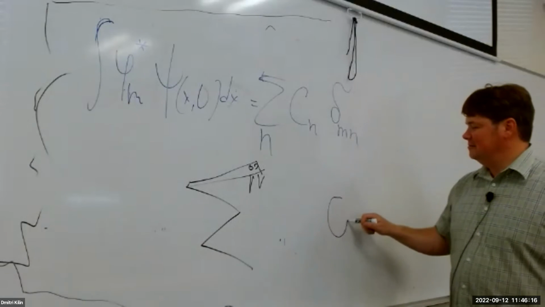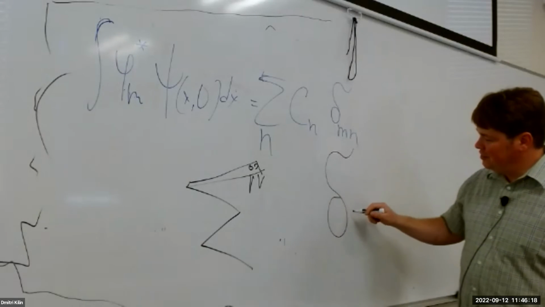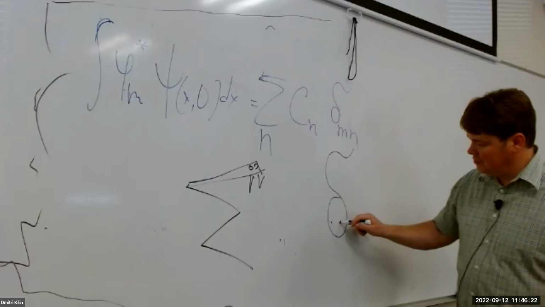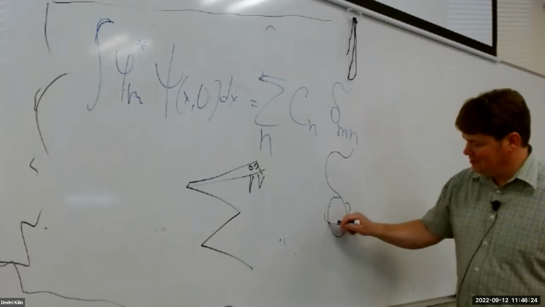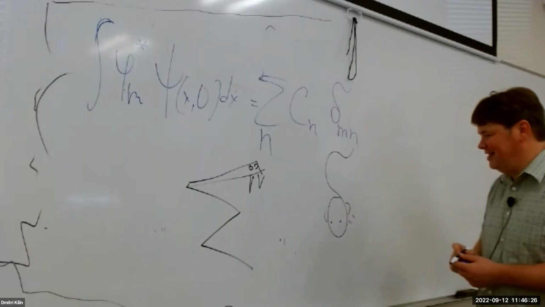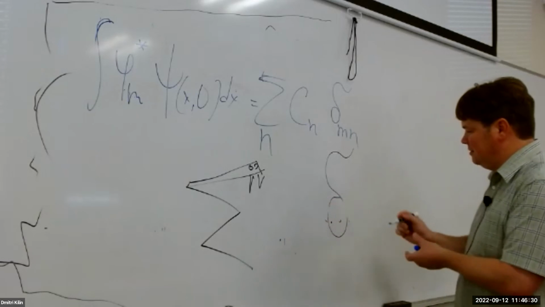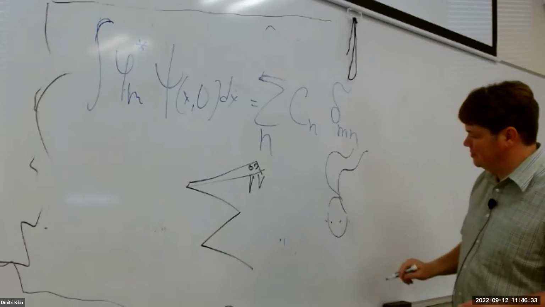The delta can be interpreted either as a little mouse, or I visualize it better as a little rabbit with long ears.